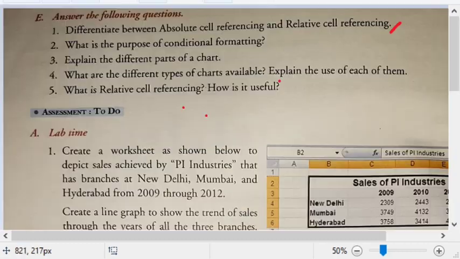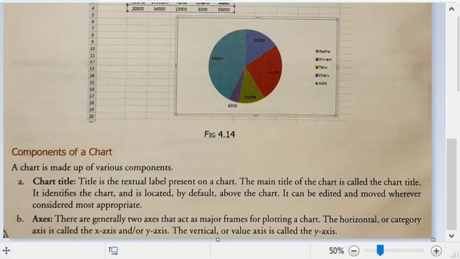Next question is explain the different parts of a chart. Its answer is on page number 34. The components of the chart are all given here, like the chart title, axis.